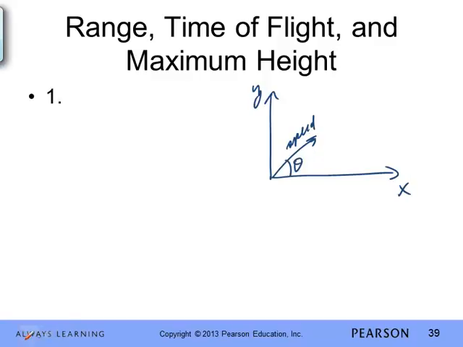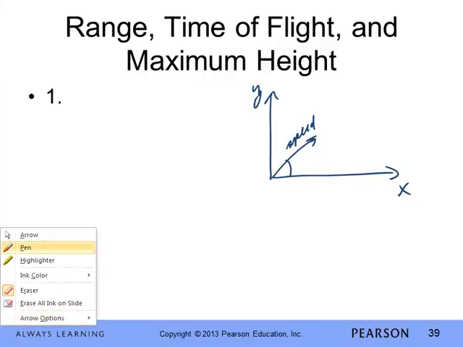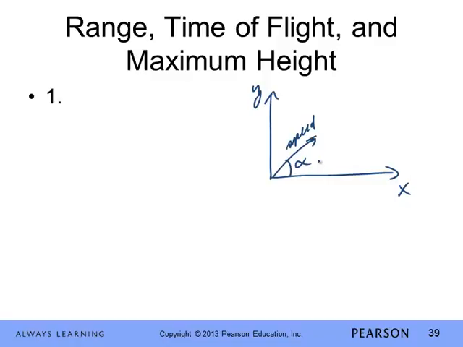Actually, they call it alpha, don't they? An angle of inclination. So if the origin is where the point of departure is, or you might have an initial height, h sub 0, but the entire trajectory is determined by alpha and the speed. And that's it.